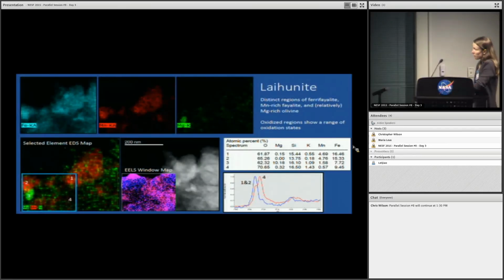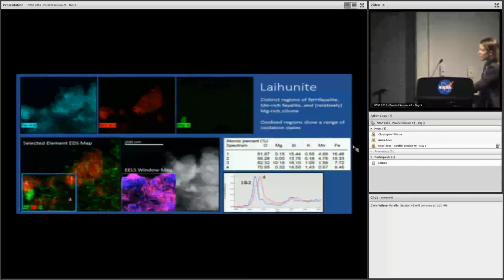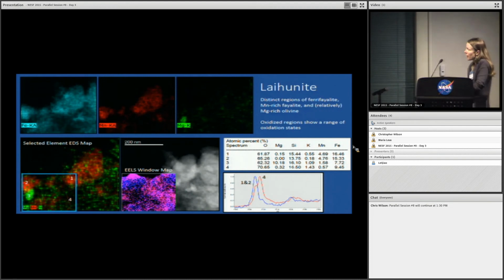And then this magnesium rich region, which from a map created from ratioing these two peaks, is not quite as reduced as the manganese regions, but it's lower in iron, so it fades out a little bit in this picture. And then region 4, that is very oxidized compared to that.